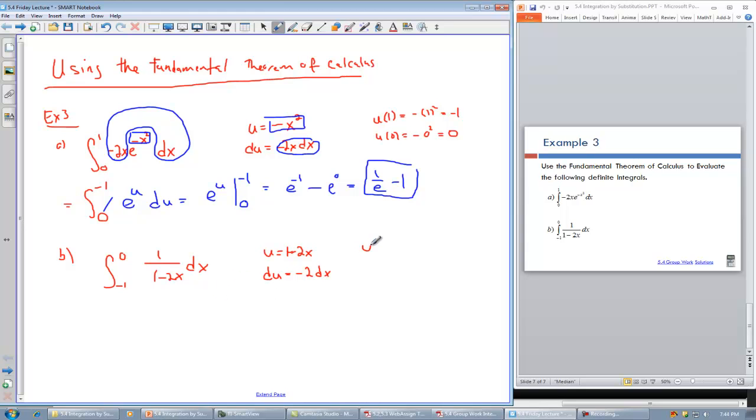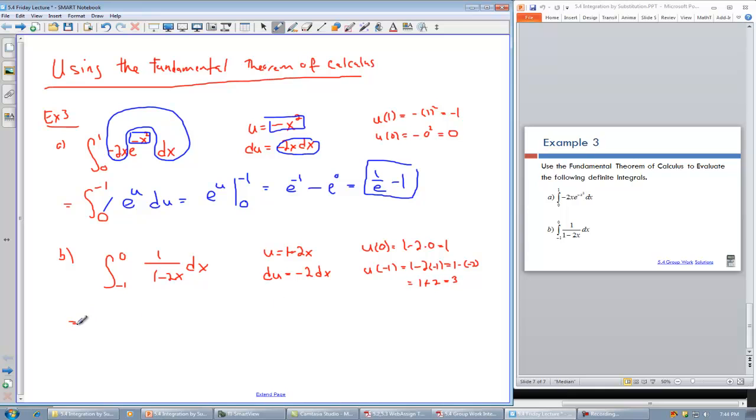I'll have to change the limits of integration, so now use a function of x, so u of 0, so I plug in 0 for x, I get 1 minus 2 times 0, which is 1. And then u of negative 1, which is equal to 1 minus 2 times negative 1, which equals 1 minus a negative 2. Okay? And that's equal to, of course, 1 plus 2, because negative and negative is a plus, so that's equal to 3.